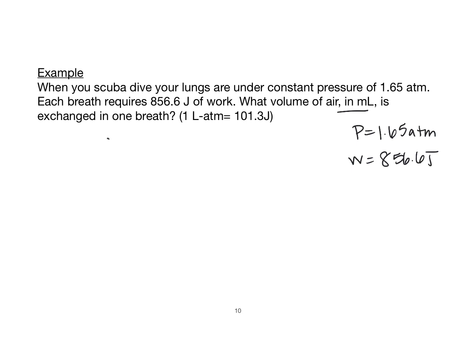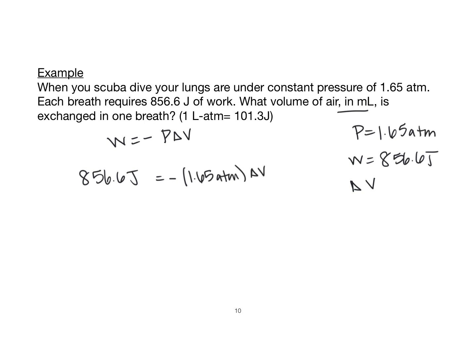Work equals negative P delta V, and in this case we are looking for delta V. So we have work of 856.6 joules equal to negative 1.65 atmospheres times delta V.